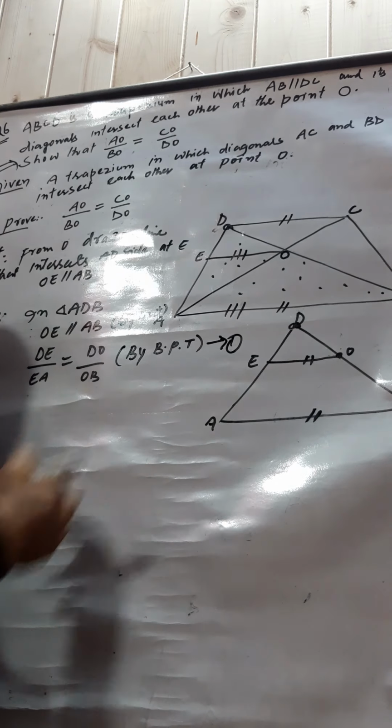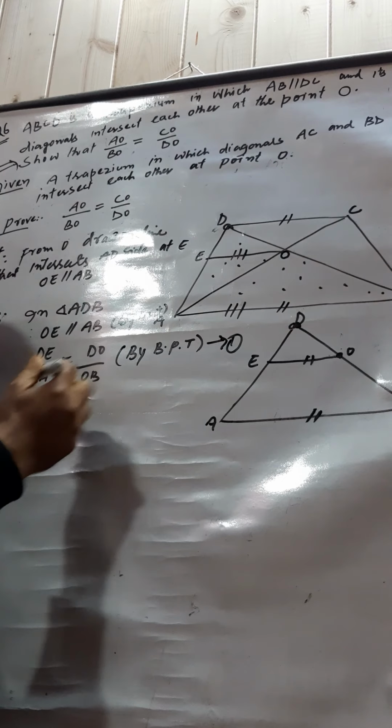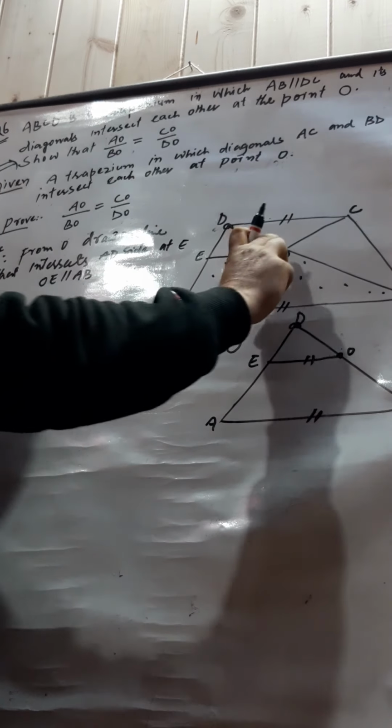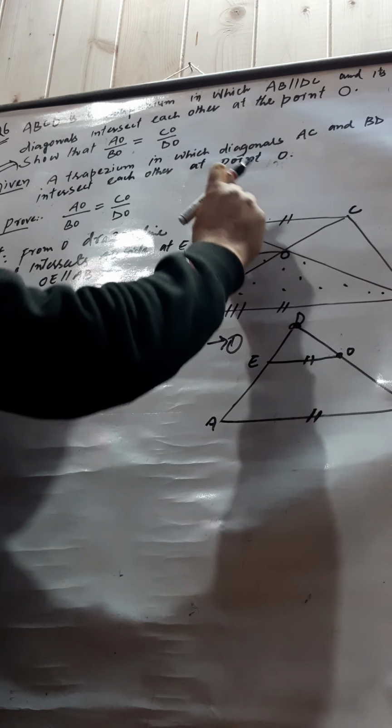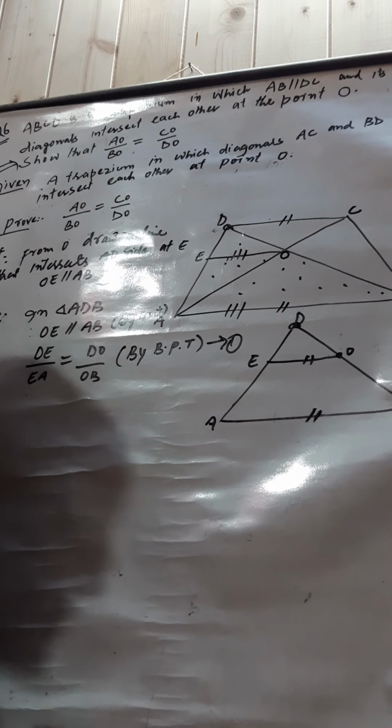This is a trapezium. If this OE side is parallel to AB, OE is also parallel to DC, because AB and DC are parallel to each other; they are the opposite sides of the trapezium.